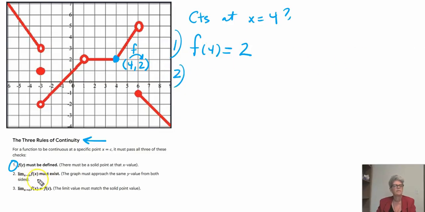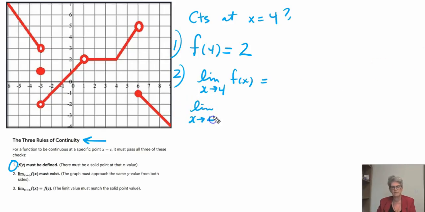Okay. Now let's look at the second one. The second one says that the limit as x approaches 4 has to exist. So what is that equal to? Well, to get the limit, we're going to have to look at the left-hand limit and the right-hand limit. So what happens as x approaches 4 from the left?